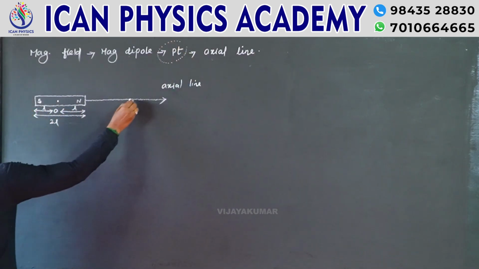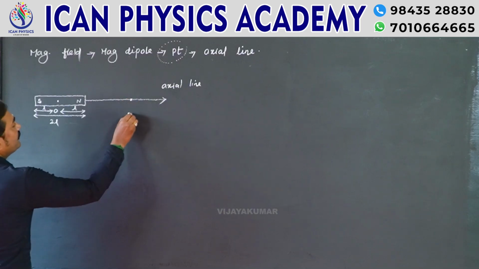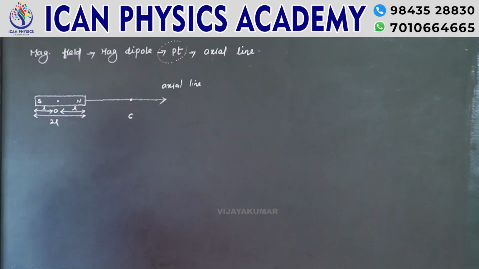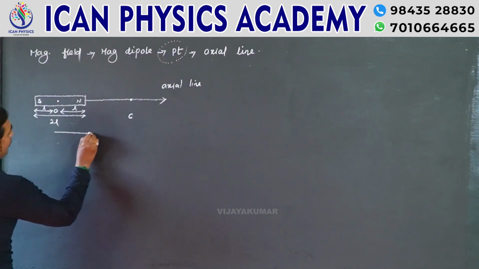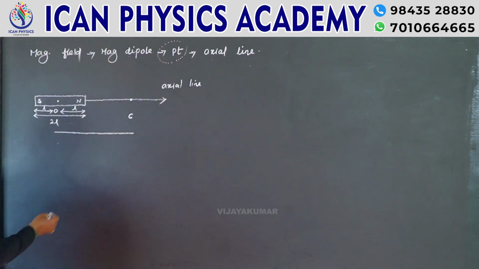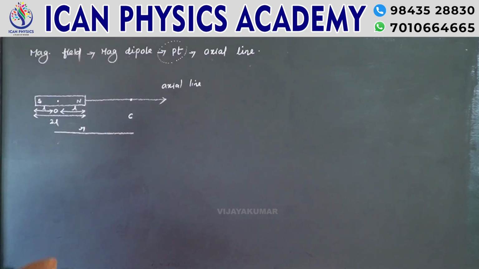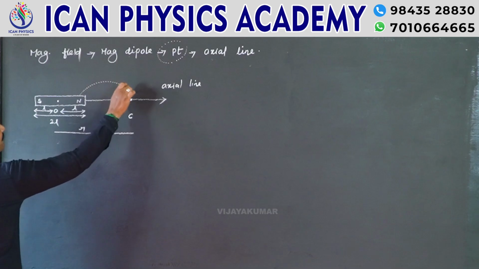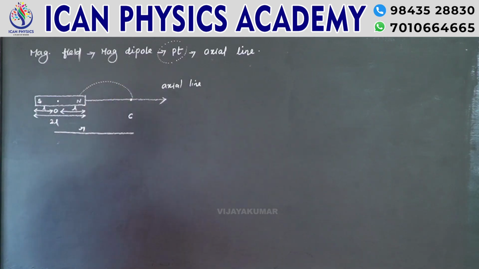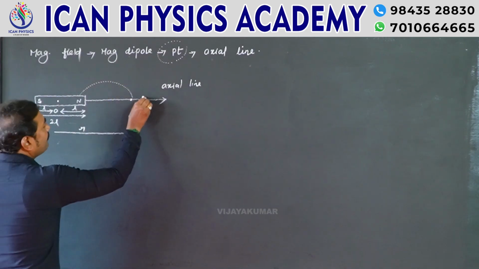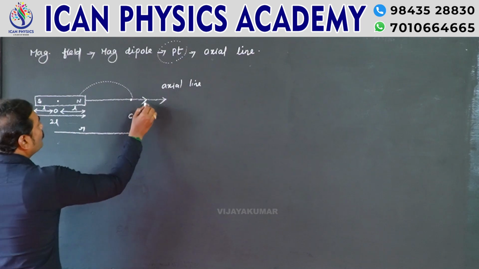Okay. So now I want to take this point. This may be taken as C. So what is the distance from the midpoint, that is from O, to C? R. Okay. The north pole produces the magnetic field at the point C, which is always acting radially outwards.